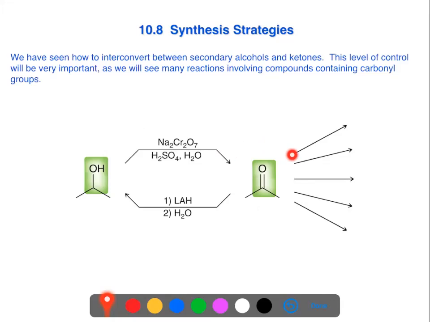Now, going from the ketone back to the alcohol, we can use lithium aluminum hydride followed by a water quench, or we can use sodium borohydride. Sodium borohydride is effective in reducing ketones and aldehydes, so you have a bit of a choice depending on what you have available.